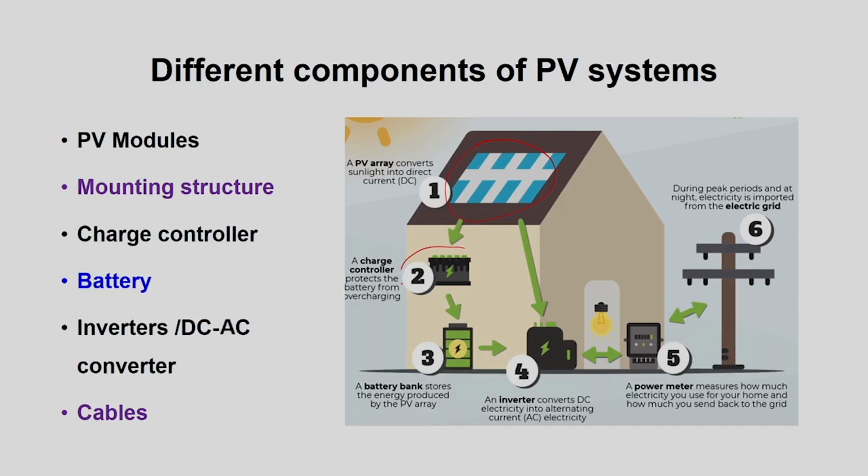And we need a charge controller to protect the battery from overcharging. We need battery banks which store energy produced by the PV arrays. And if we have an AC load, or alternating current load, then we have to convert the direct current generated by the PV arrays to alternating current by an inverter, and we need a power meter and an electric grid sometimes, or sometimes we can use the generated energy locally.